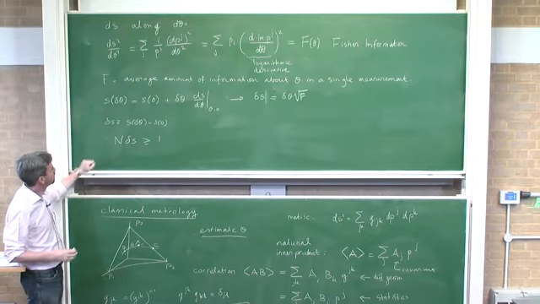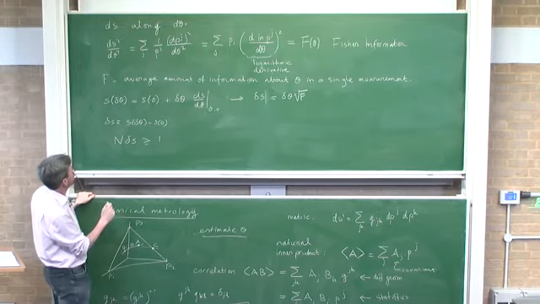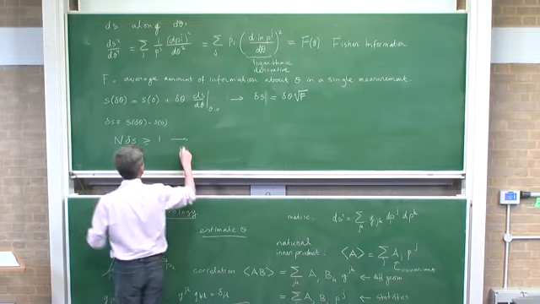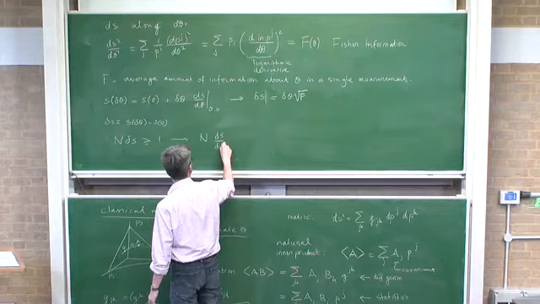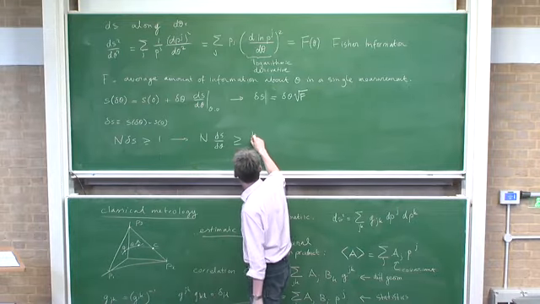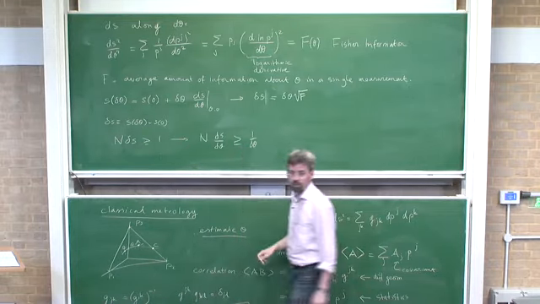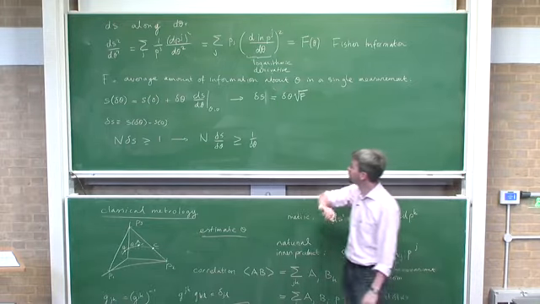From that, I can now say, let's divide by d theta, because we assume that that's not 0, so we can do that.